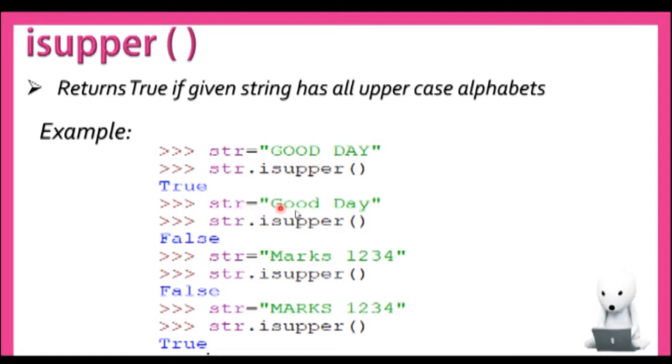Second example, only G and D are in uppercase, the rest of the alphabets are in lowercase, so it returns false. Here M is in uppercase, whereas the rest of the alphabets are in small case, so it returns false. Last example, all the alphabets of "MARKS" are in capital letters, so it returns true.